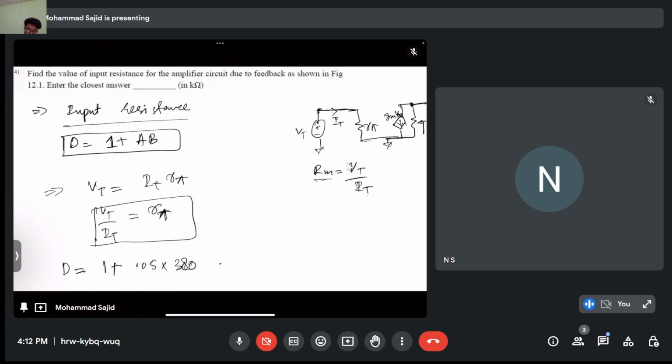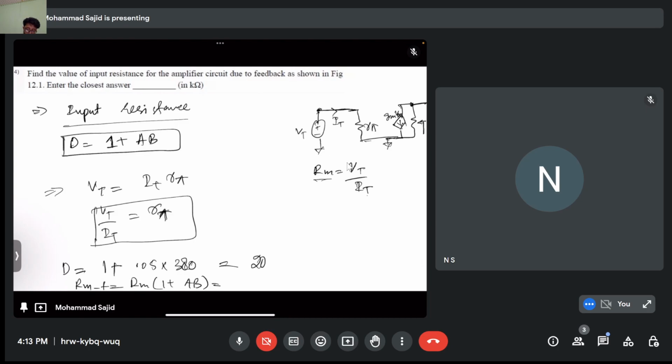So 1 plus AB is equal to 20, right? So D is 20. So your R in F final will be R in times 1 plus AB, that is D.